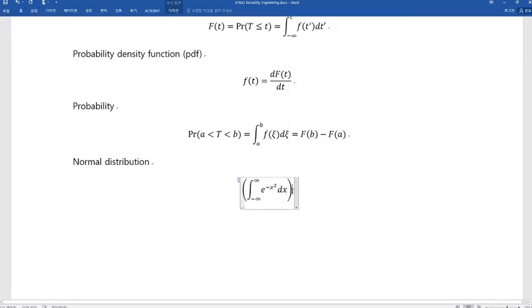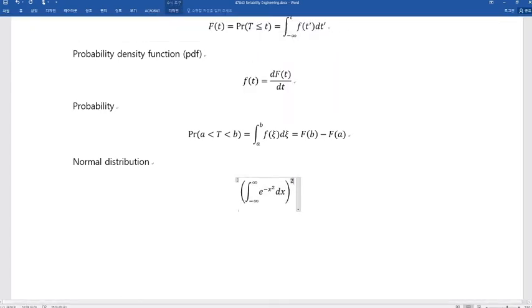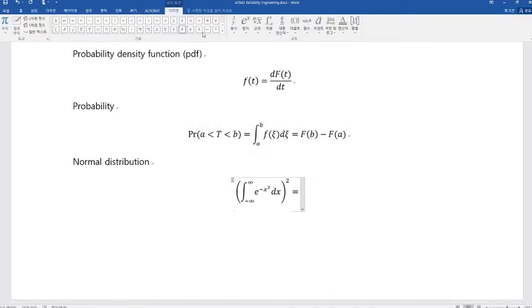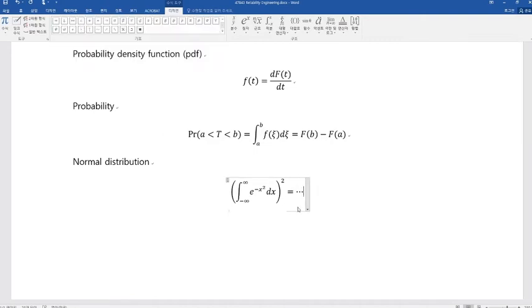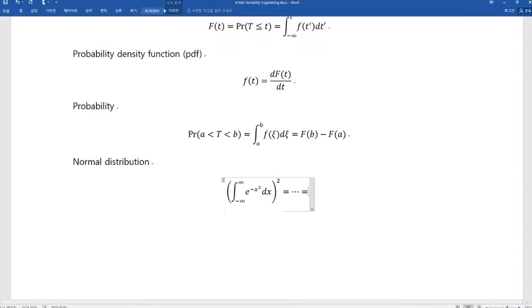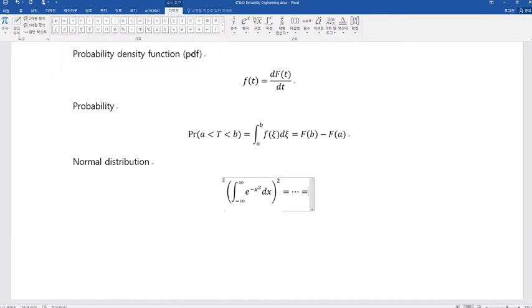If we take the square of this, by following several steps, we will be able to calculate this, and it will turn out that the final result would be pi.